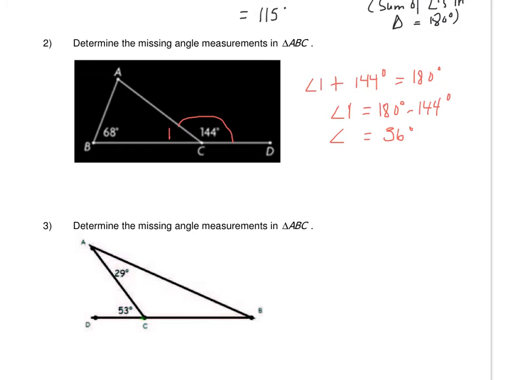And once we know that angle, and we already have the 68-degree angle, we know that angle A has to be whatever's left over from 180, because the three angles, A, B and angle 1, have to add up to 180 degrees. So 180 minus the 68 minus the 36 will give you what angle A is.